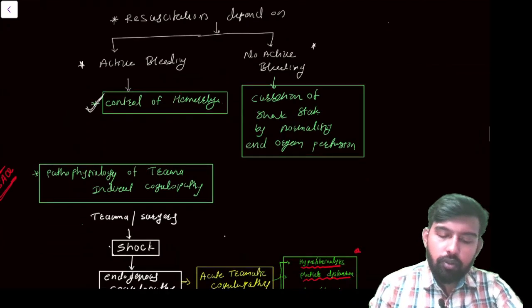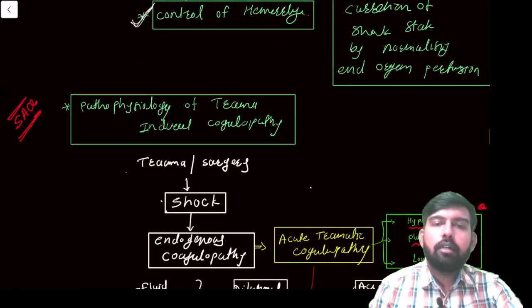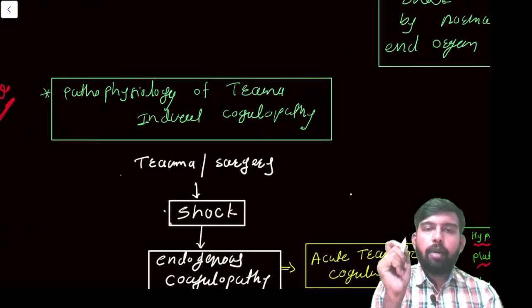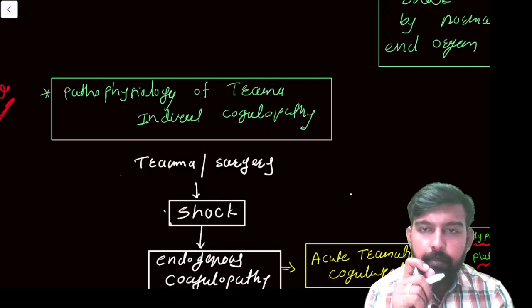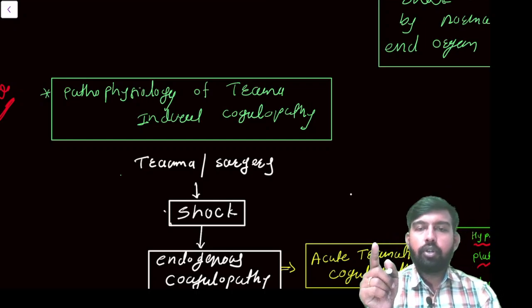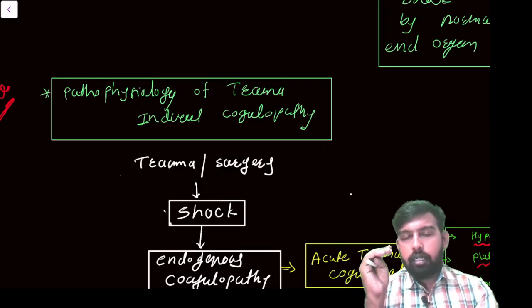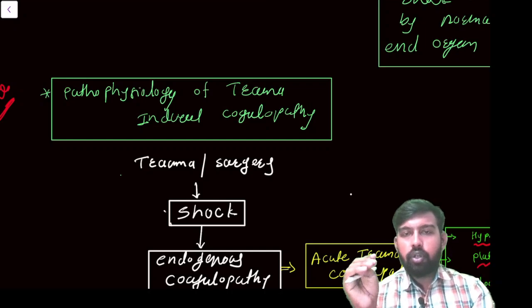So let's see a very important concept in the trauma patient, that is trauma induced coagulopathy. In the case of hemorrhagic shock with trauma, there is a combination of trauma as well as shock.